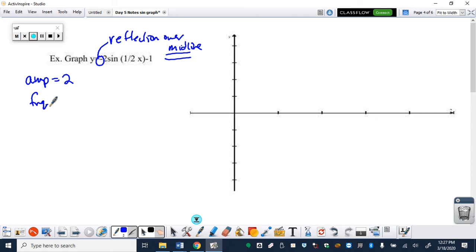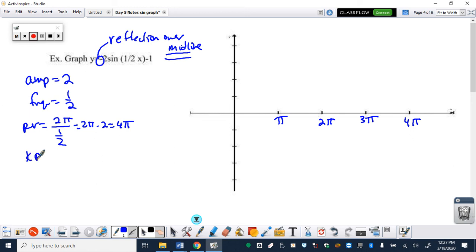So the frequency is equal to 1/2. That means the period is 2 pi divided by 1/2. Keep, change, flip. We have 4 pi. So I immediately go over here to my x-axis and I plot 4 pi, and the rest of the angles.